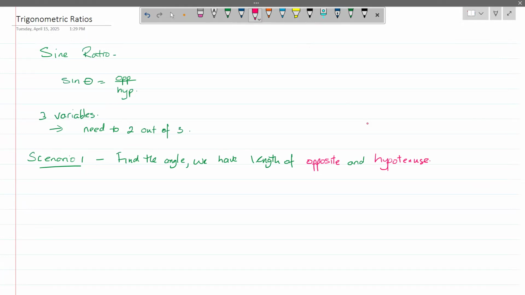Right? So to use this to find our angle, the angle in this case is theta, we need to know the length of the opposite and the length of the hypotenuse. Right? Three variables, you need two at all times in order to find one missing.